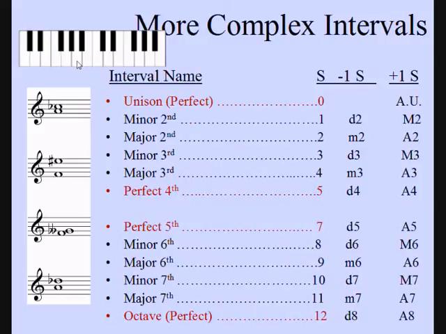Count the number of semitones now. 0, 1, 2, 3, 4. If you look at the perfect fourth, it has to have 5. So if it has 4, it's because it has lost a semitone. Therefore, this is a diminished fourth.